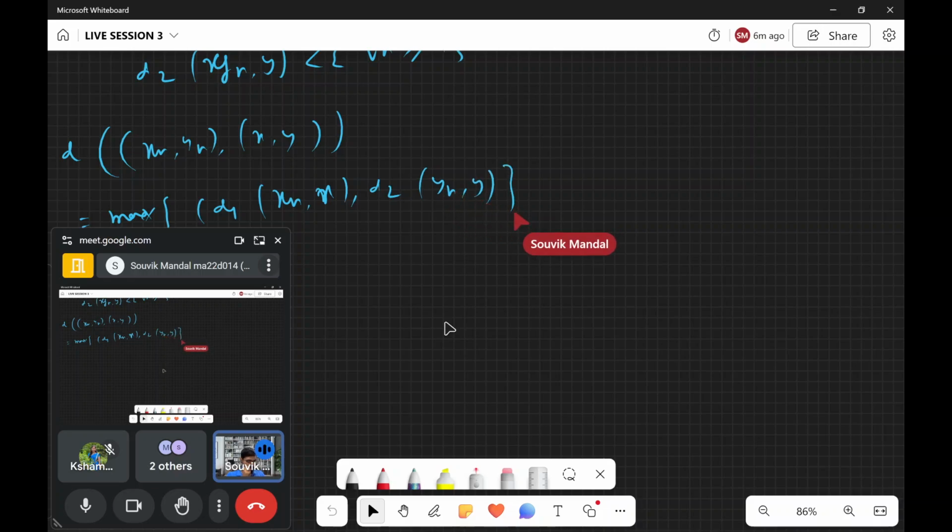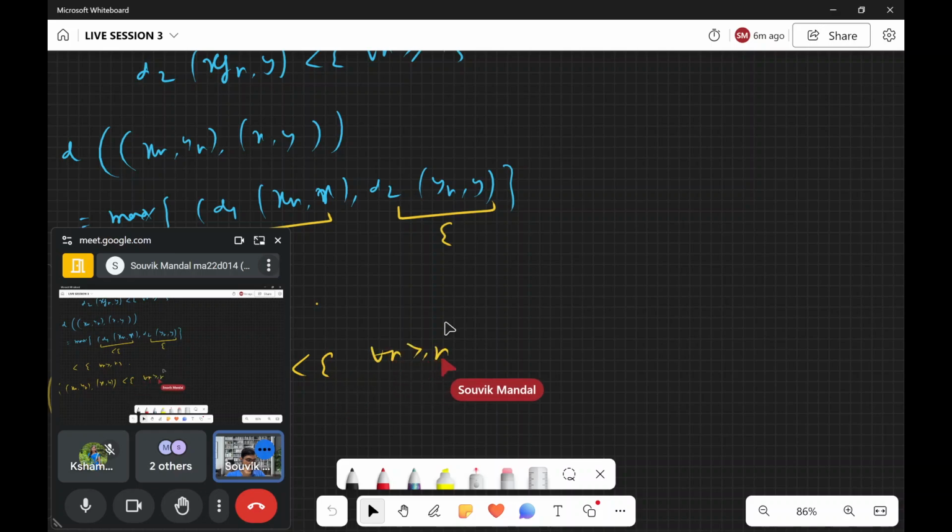Now we have observed that each of these two is individually less than epsilon, so the whole thing will be less than epsilon for all n greater than or equal to n3. So this tells that the distance d of (xn, yn) and (x, y) is less than epsilon for all n greater than or equal to n3. So this implies the sequence (xn, yn) goes to (x, y). So this is the other part of this.